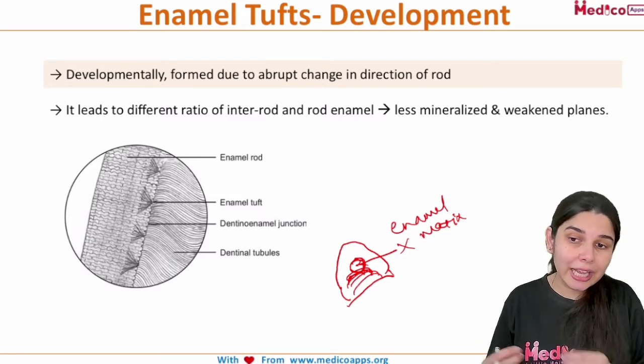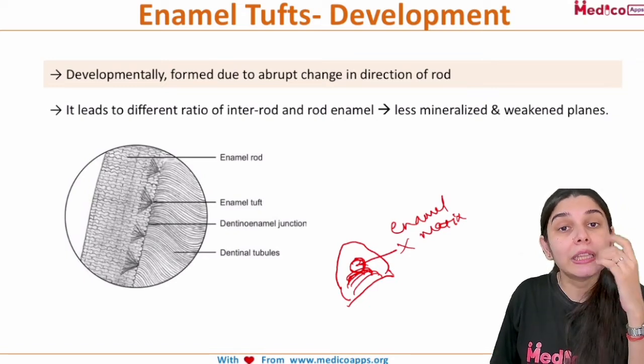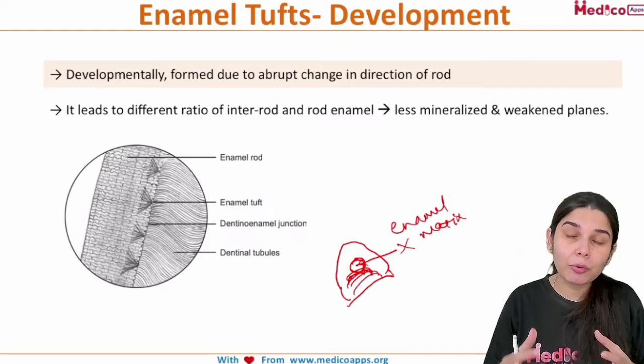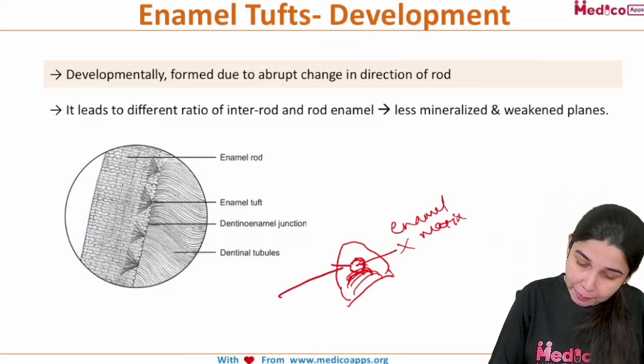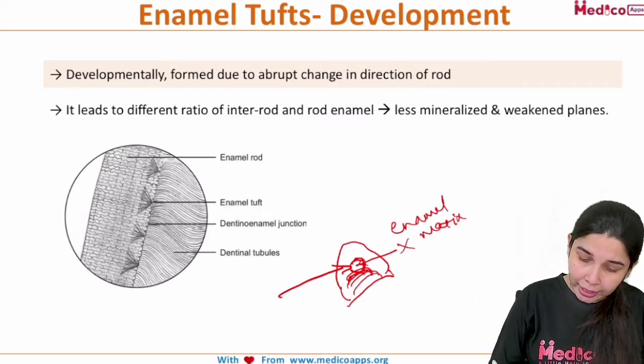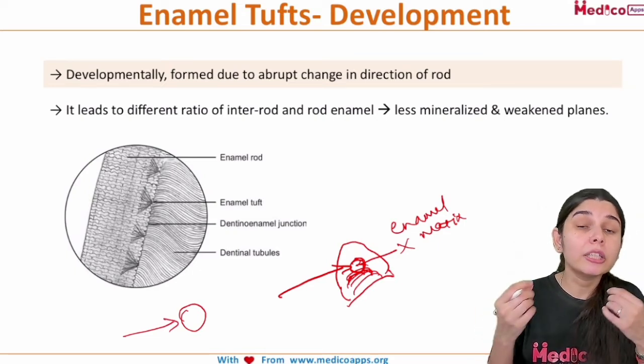Now, these enamel matrix proteins migrate to these places where there is a void, to fill this void. Wherever there is a void, they will be filled by these proteins.